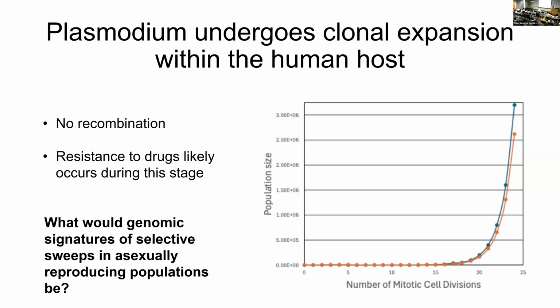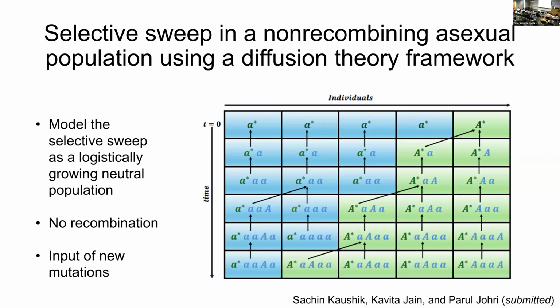Motivated by this, we've been able to model, using a diffusion framework, a population that's completely non-recombining. Mutations are entering the population, and you have this starred allele, the green part, a beneficial variant increasing in frequency.